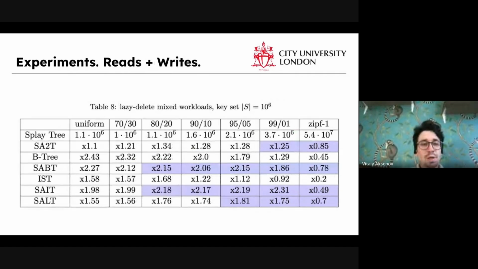Then we added additional writes, and as you can see, the interpolation search tree is sometimes better than everything, and our self-adjusting B-tree is also sometimes better. The blue ones mean that we outperform the corresponding B-tree and interpolation search tree.